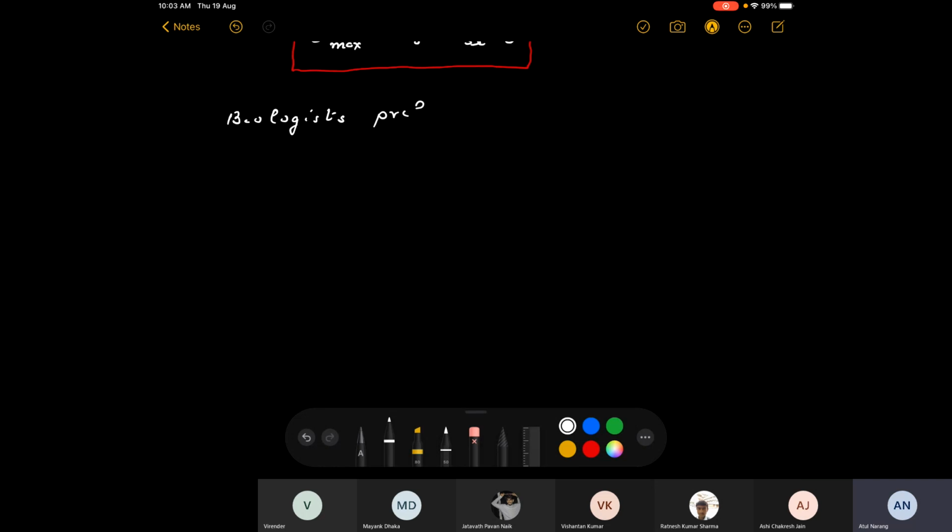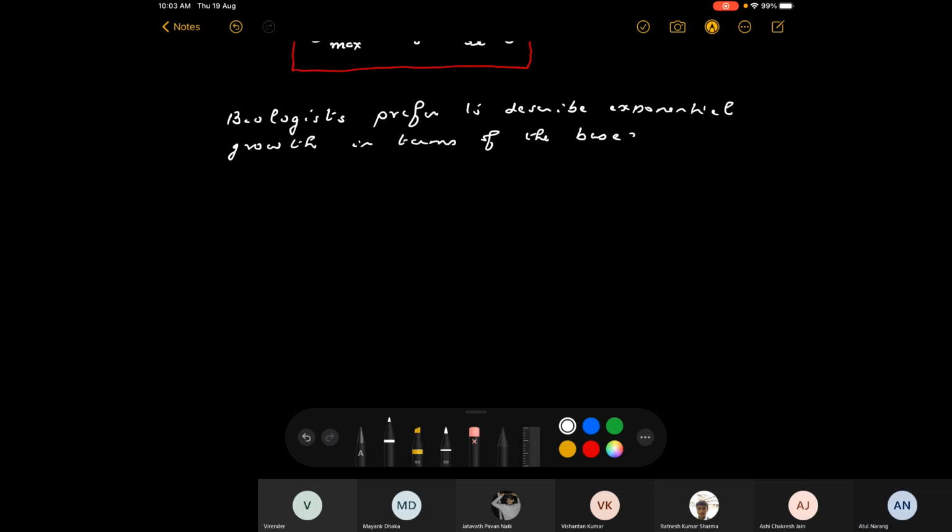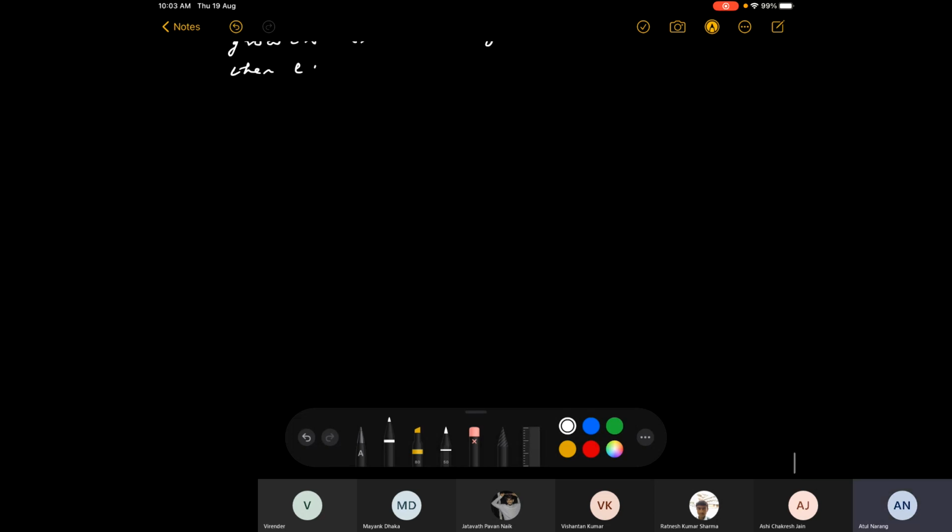I prefer to describe exponential growth in terms of the base 2 rather than e. So maybe once again I'll show it to you as a figure.